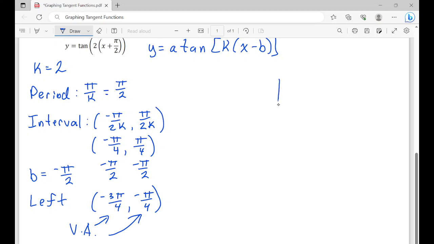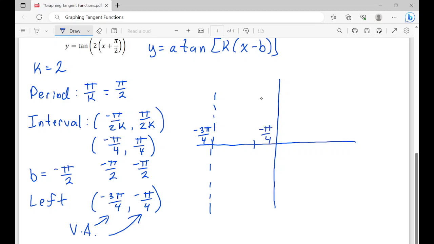So I'm going to graph it. And so these are both on the other side of the y-axis. So I'm going to say that this is negative 3 pi over 4. And I'll say that this is negative pi over 4 here.